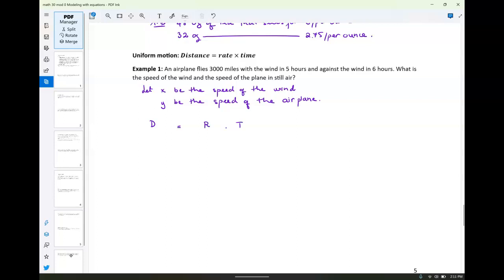So here, in the first row, we make this flying with the wind. And on the second row, we look at flying against the wind. Both flights cover 3,000 miles.